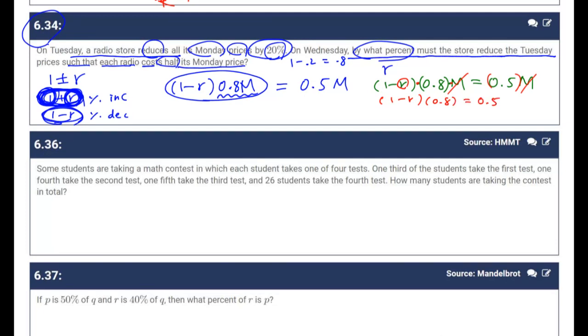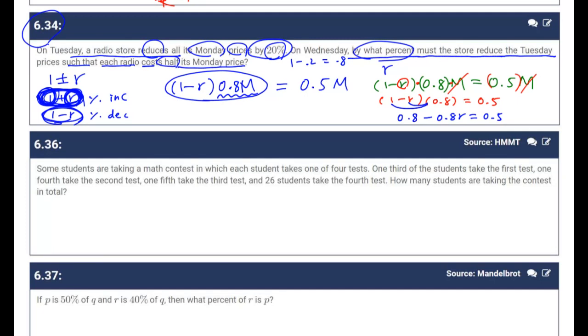So let me try to distribute this decimal number to this and to this. So 0.8 times 1 is still 0.8. And 0.8 times negative R is minus 0.8R. Distribution, right? Expanding. Equals 0.5.